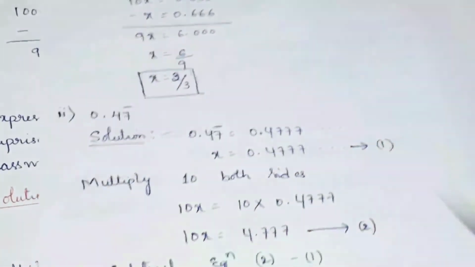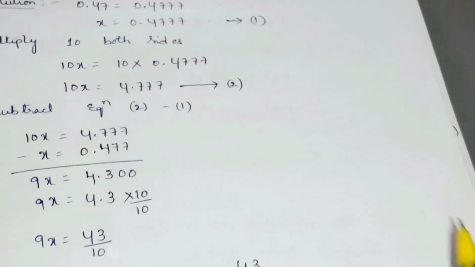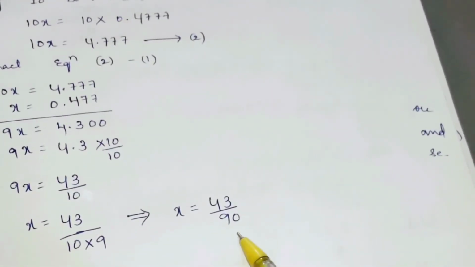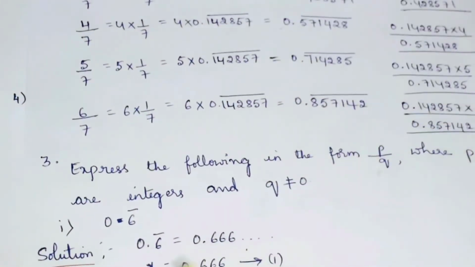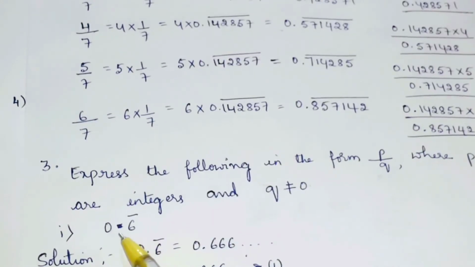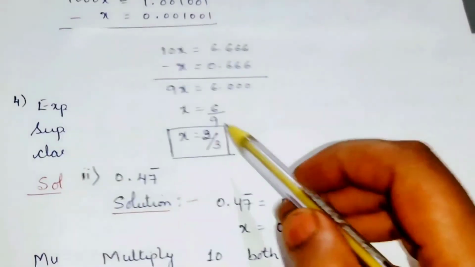Then what was the answer? It was 43 by 90, the denominator was 90. And in one more example, expressing 0.6 recurring, there also you got the denominator as 9.